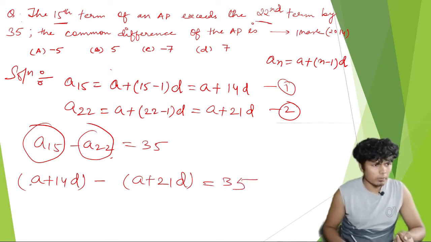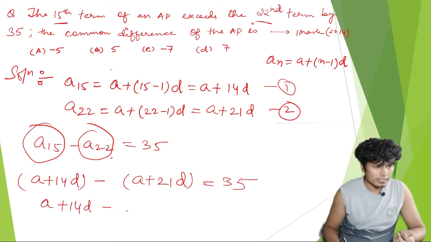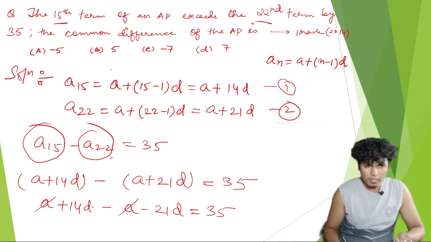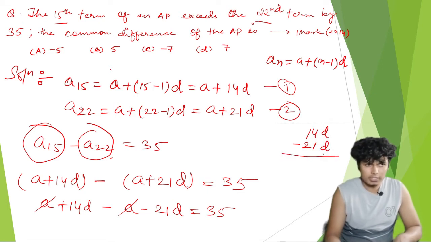Now A plus 14D minus A minus 21D is equal to 35. A cancels. Now 14D minus 21D, what is the answer?